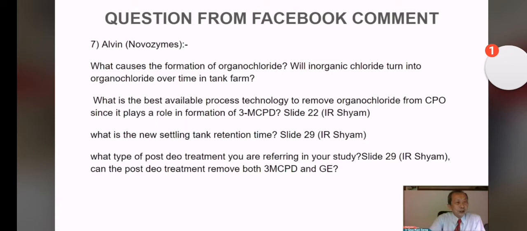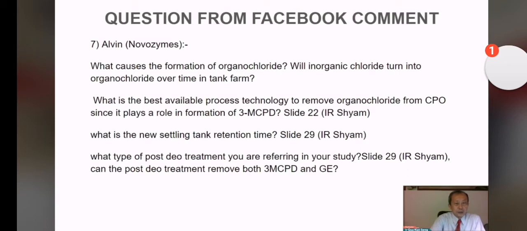Okay, this is from Novozymes. What causes the formation of organochloride? Will the inorganic chloride turn into organochloride over time in the tank farm? And what is the best available process technology to remove organochloride from CPO, since it plays an important role in the formation of 3-MCPD? And it refers to your slide 22 then, Engineer Sham.